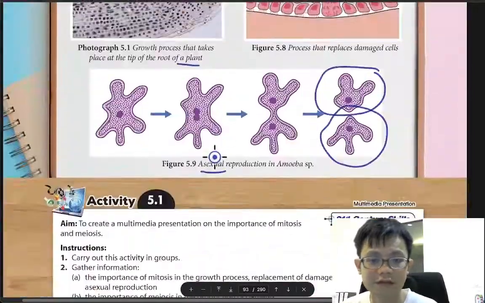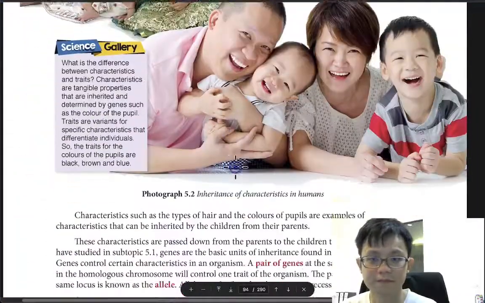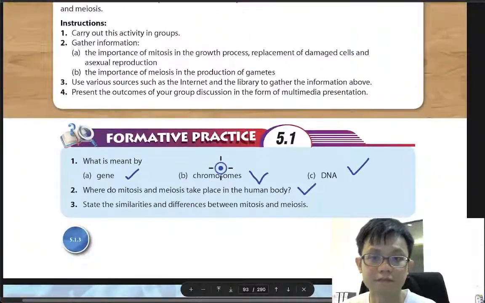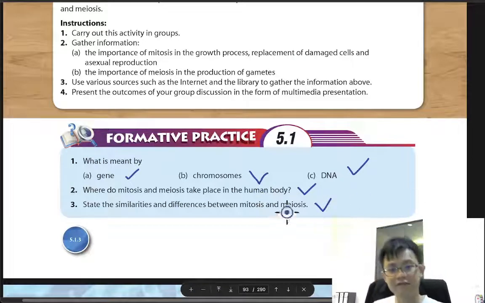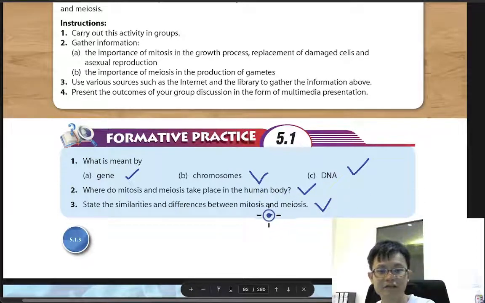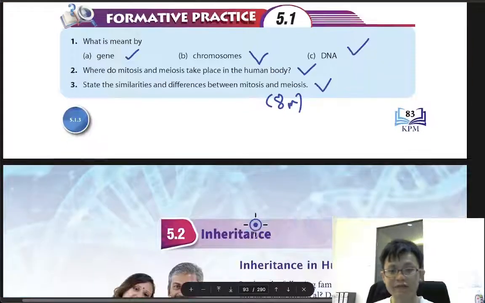So far so good. That is how you go. This one can be written as an essay. If the essay is 8 marks, then you need to write more things.